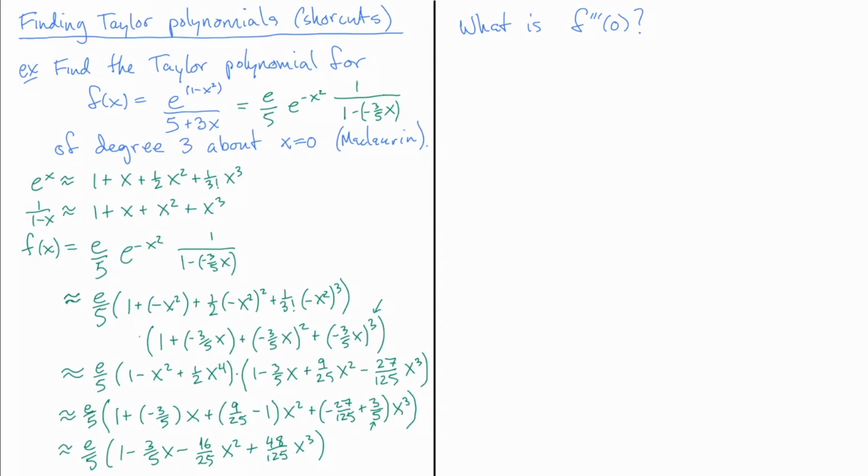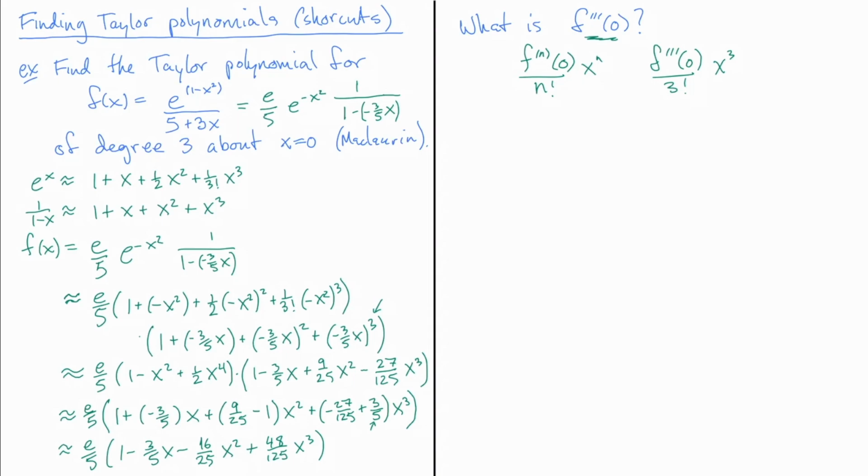And so remember that the terms in a Taylor polynomial are going to be f nth derivative evaluated at 0 divided by n factorial, x to the n. So if we're looking for the third derivative at 0, that means we're going to choose n equal 3, so we'll have f triple prime of 0, x to the 3 over 3 factorial.